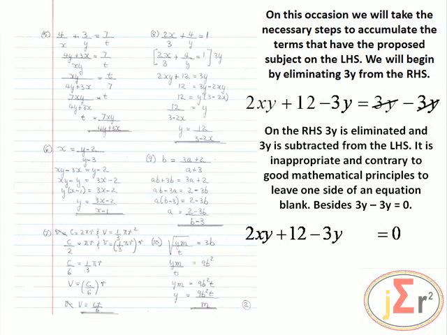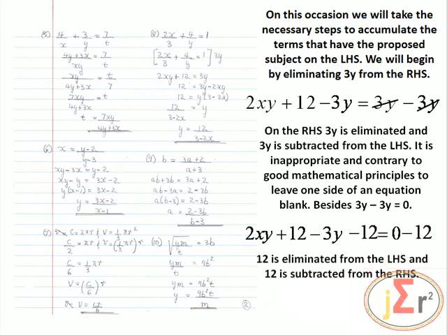And what do we do next? We need to, now that we have the terms that contain the proposed subject on the left hand side together, now we will cause the one term that does not have the proposed subject to be on the other side. And what do we do? We eliminate this 12 from the left hand side by subtracting 12.